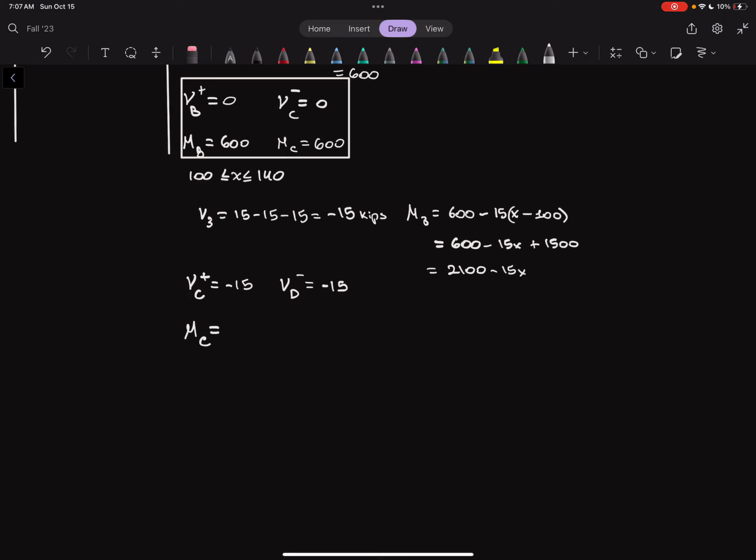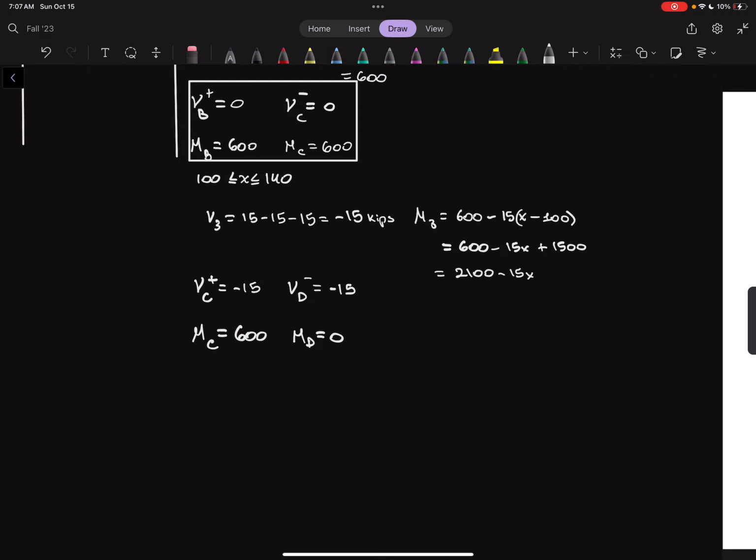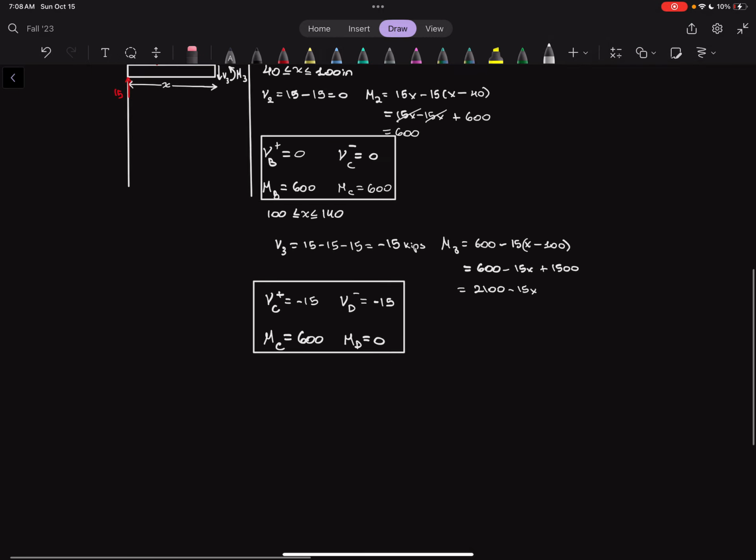If I put 100 and I do 2,100 minus 1,500, it's 600. And then MD, we should get 0. If I put 140, so 140 times 15, that's 2,100, so you do get 0. So that's how to calculate all your equations.